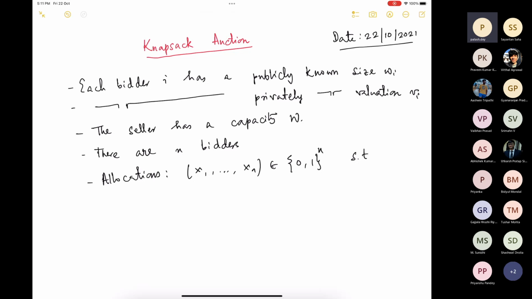That means the total size of the items picked, that is summation of xi wi, i equal to 1 to n, should be less than or equal to W. So this is the set of all possible allocations.